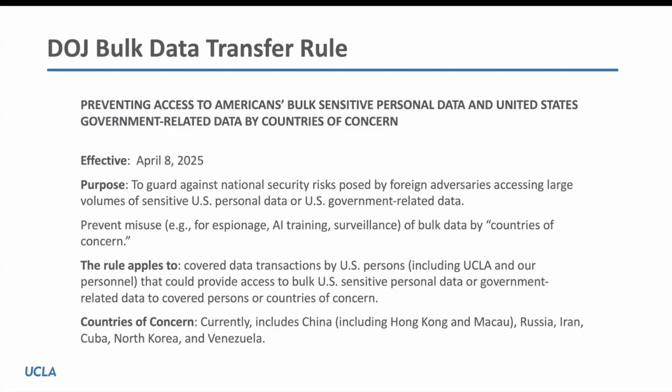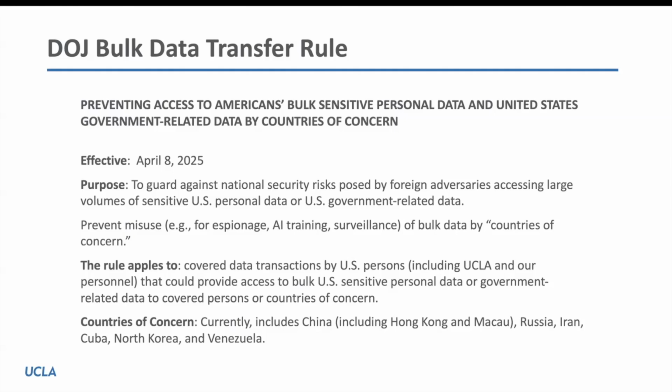So this rule applies to US persons, of which UCLA is a US person, and so are our personnel, including foreign nationals who are here at UCLA as employees or students. They're also considered US persons underneath this rule. They're not considered residents of their country of concern if, again, they're here on campus working and studying as our international colleagues do.